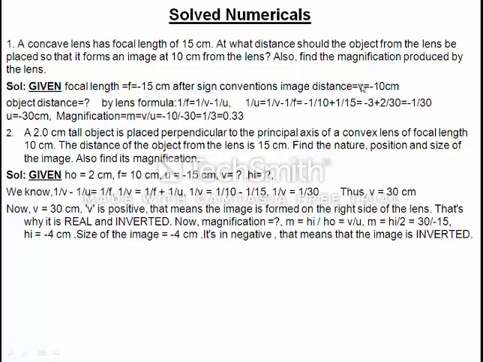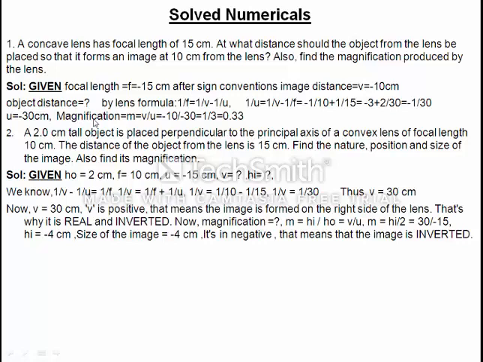Object distance is asked. By the lens formula we know that 1 by f is equal to 1 by v minus 1 by u, or 1 by u is equal to 1 by v minus 1 by f. Put here minus 1 by 10 plus 1 by 15, that is minus 1 by 30. So u is equal to minus 30 centimeter.